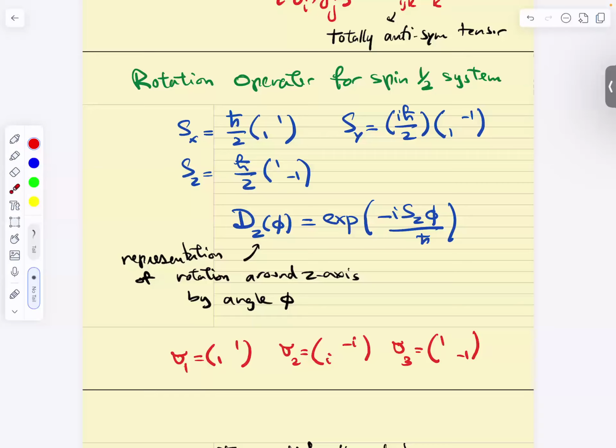So what is a representation? This is the Hilbert space. It will be some 2x2 complex matrix that I can write in different ways. That's your choice of notation. Let me write it suggestively this way.